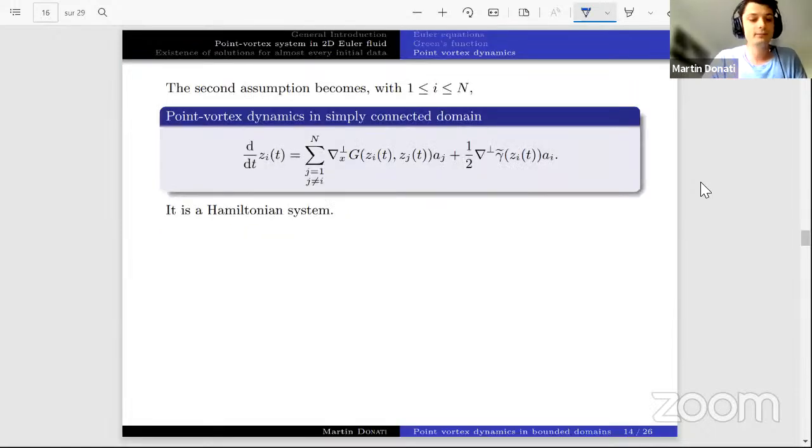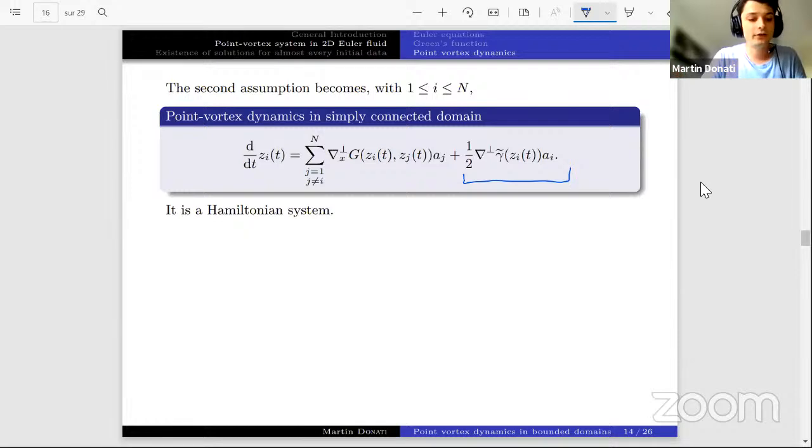So we remove it, and we have our point vortex dynamics in a simply connected domain at least, which says that the point vortices are moving according to the Biot-Savart law when we remove the singular parts. What remains for the case j equals i is the Robin function, the self-influence of the point through the boundary, which is smooth, so we should not remove it.